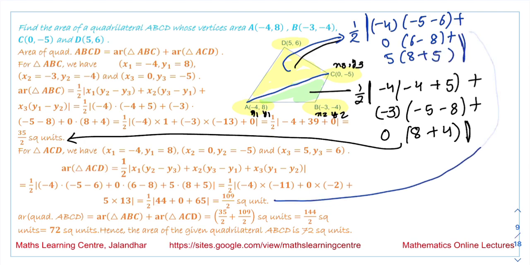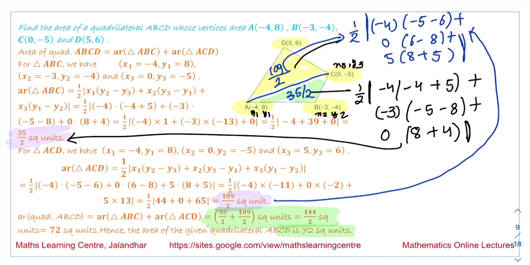On solving this, you will get the area as 109 by 2 square units. The area of the first portion is 35 by 2 square units, and this one is 109 by 2 square units. So the total area is the sum of these two areas, and the value we will get is 72 square units.